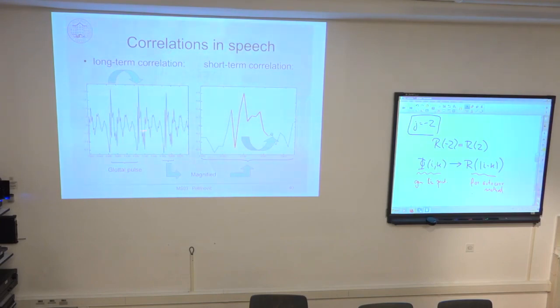So this here is one segment of speech signal of duration, I would say maybe 10 milliseconds or 20 milliseconds, something like that. And here you see one period of glottal opening and closing. So these vocal folds are opening, closing, opening, closing.